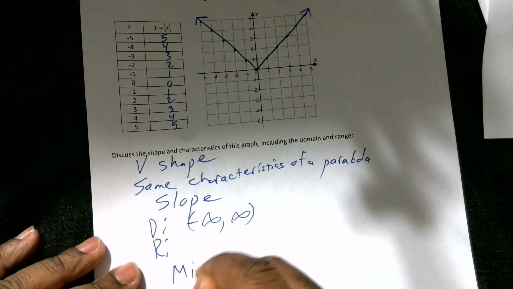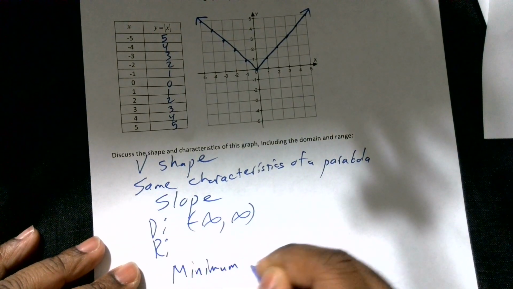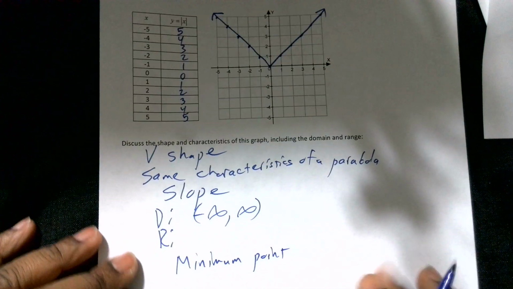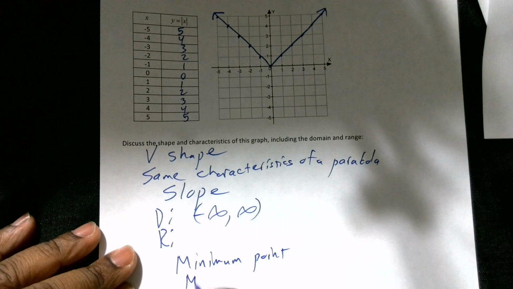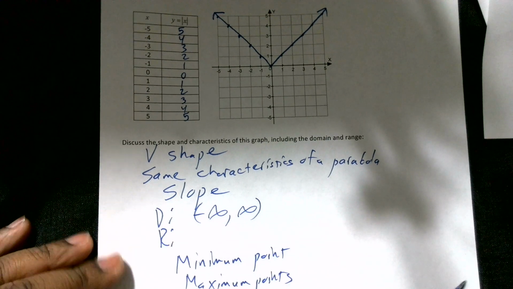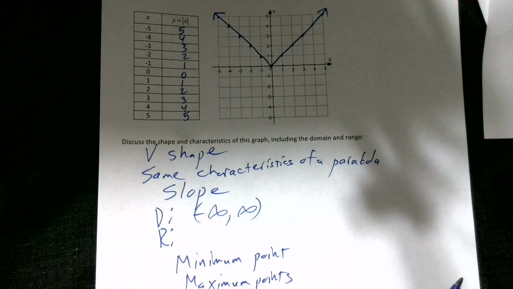You have also a minimum point. And then with other graphs we're going to encounter, you can also have a maximum point, just like those characteristics of a parabola. Now we know with the parabola the maximum or minimum point is the vertex, and it'd be the same thing here. Now the range has a couple restrictions here.